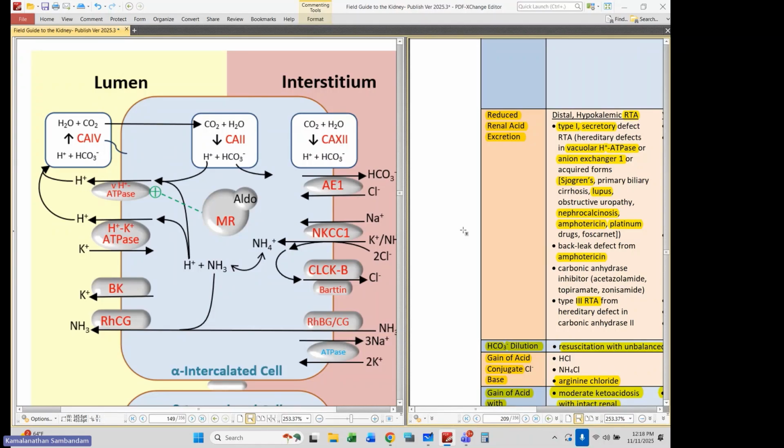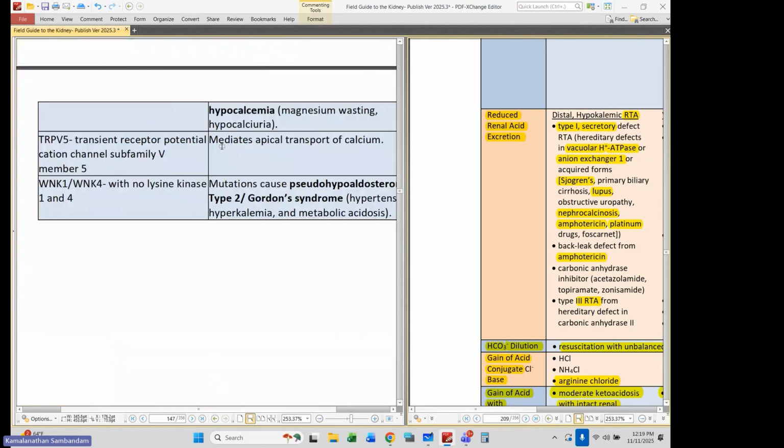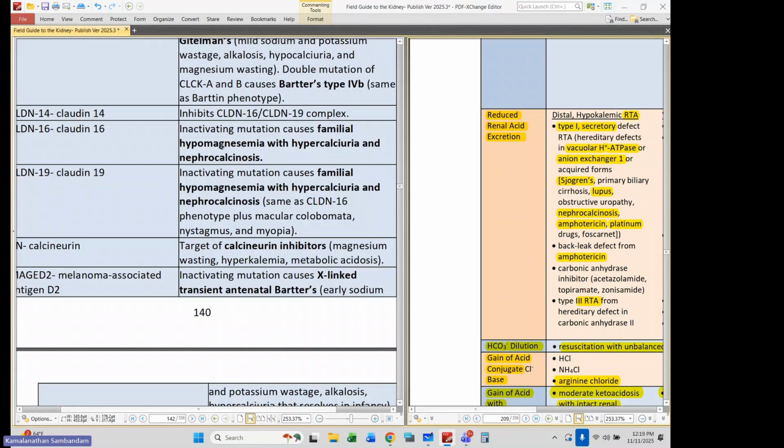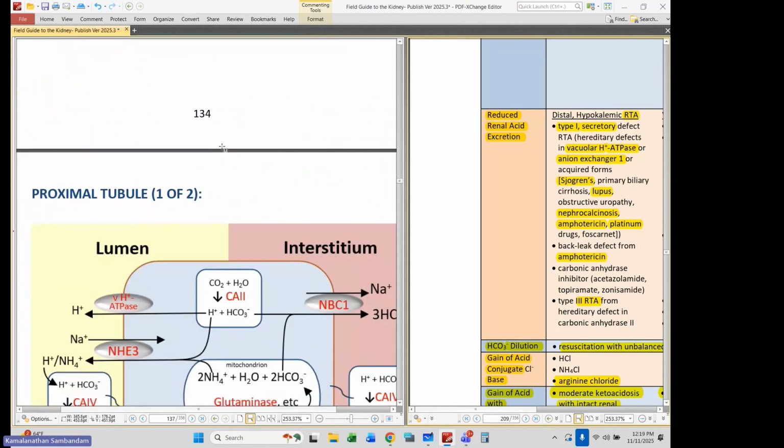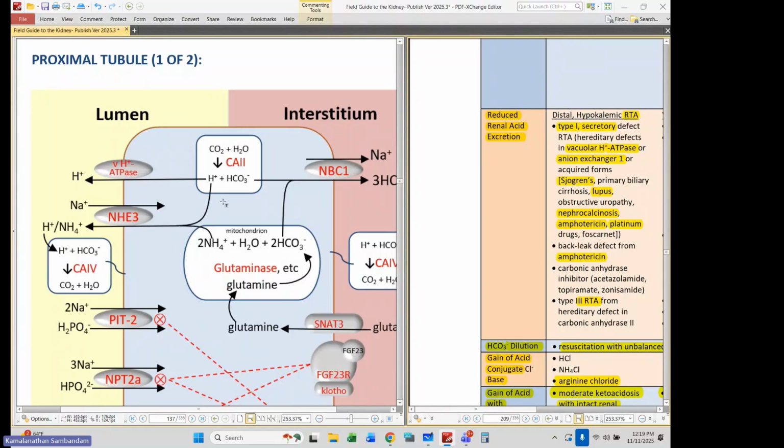Okay. All right. Occasionally, people have described an inherited defect in carbonic anhydrase type 2, which is the isoform of carbonic anhydrase expressed in the distal nephron as well as the proximal nephron. So that's a classic yet rare form of a type 3 RTA.